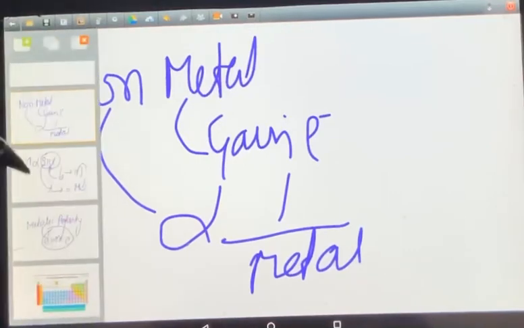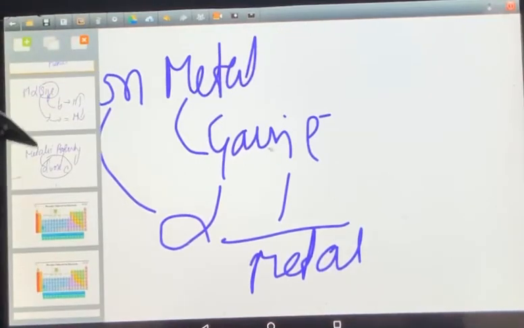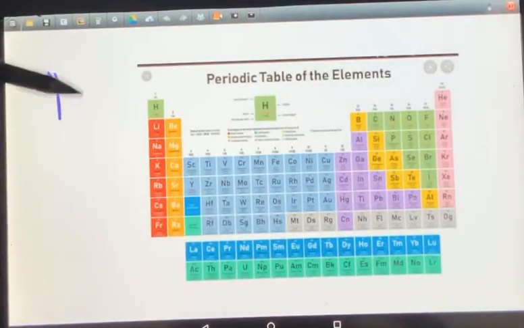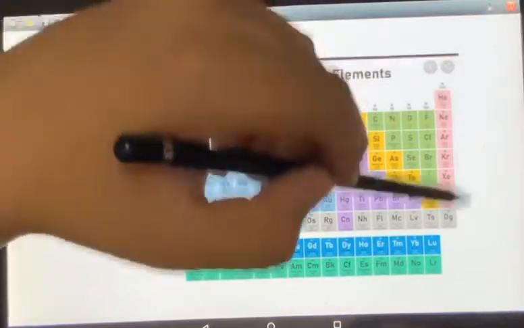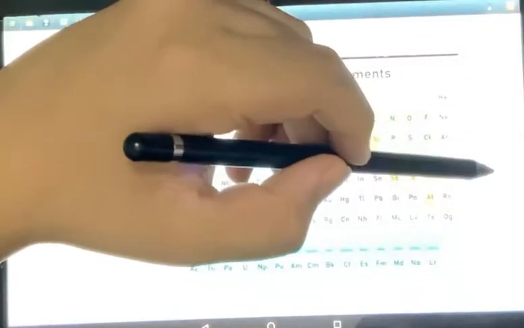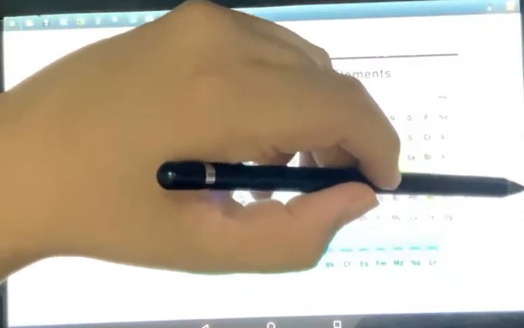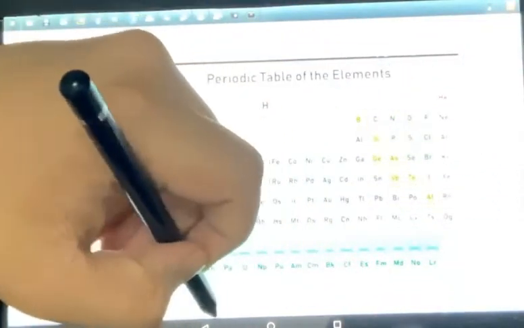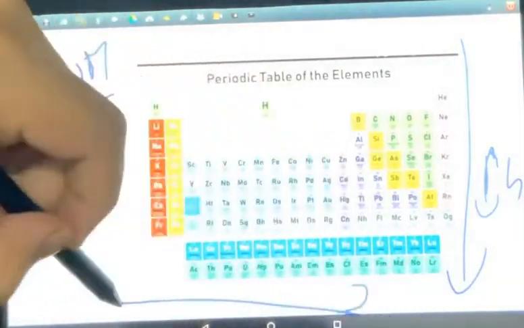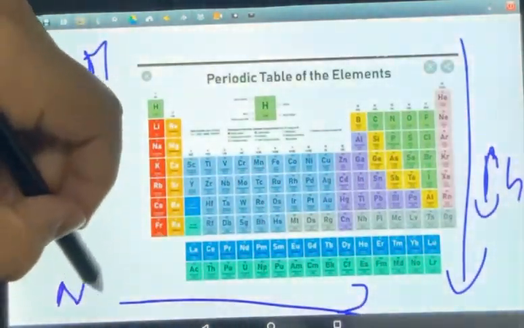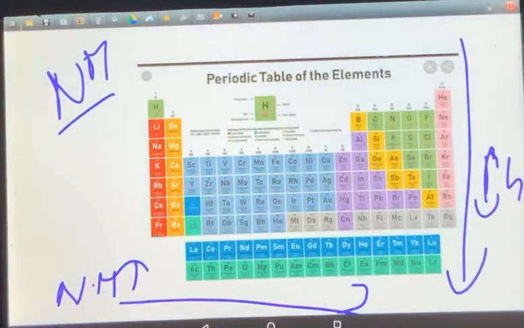So same thing here also. So if I am having metallic character increased down the group, that means the non-metallic character will be decreased down the group, and hence the non-metallic character will be increased left to right in the period, because the metallic character is decreasing.